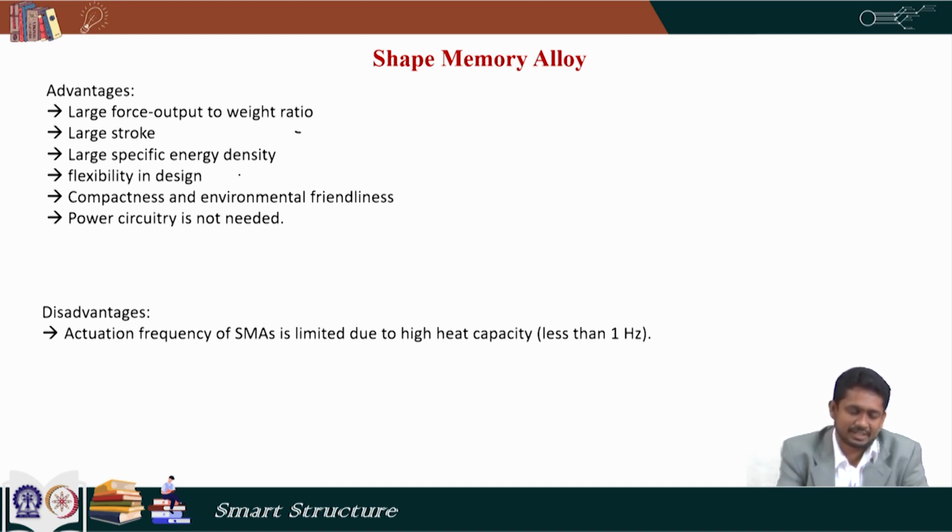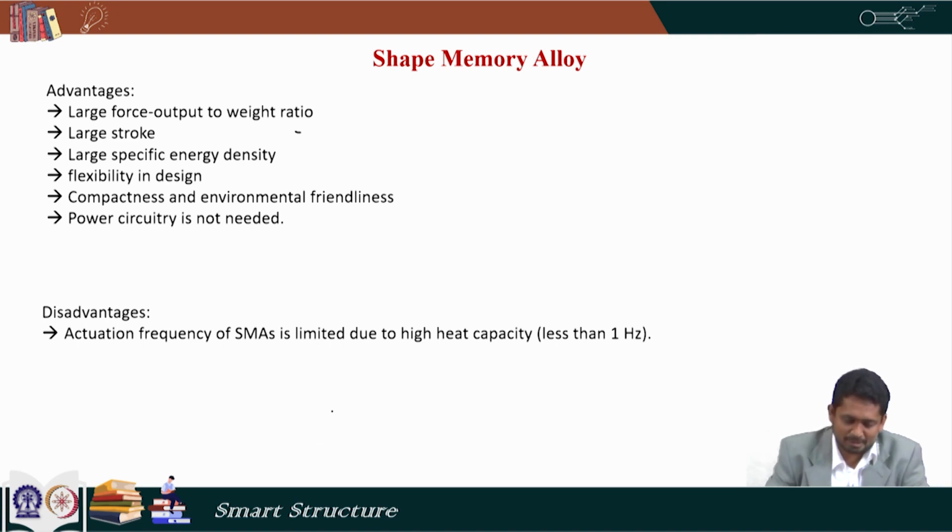It offers flexibility in design because the actuation can be in various modes like axial mode, bending mode, torsional mode, and so on, and a compact actuation system can be formed from it, and these materials are environment friendly. In fact, we saw that the nickel titanium alloy has good corrosion resistance, and power circuitry is not needed.